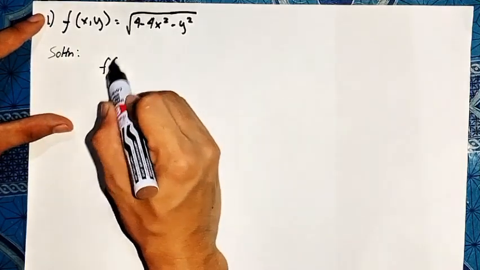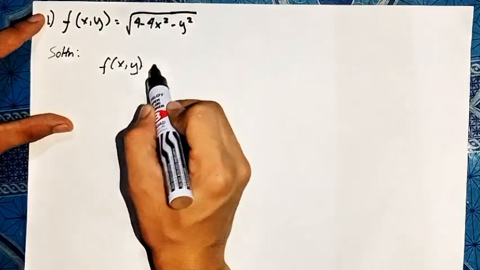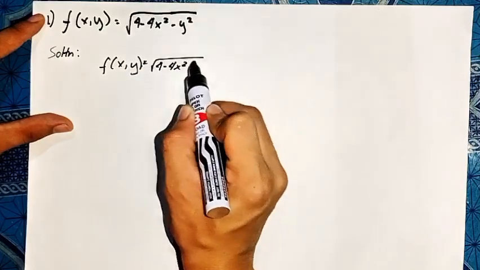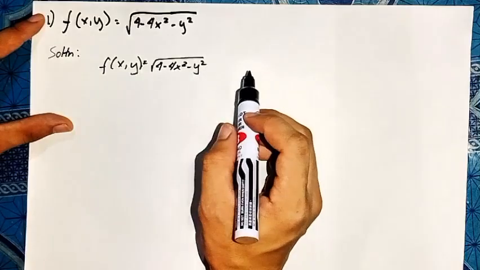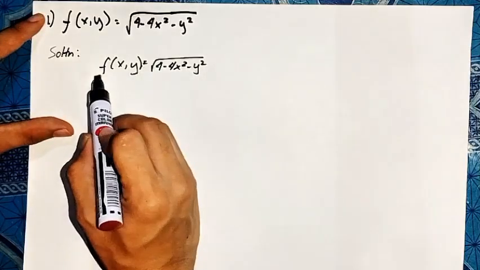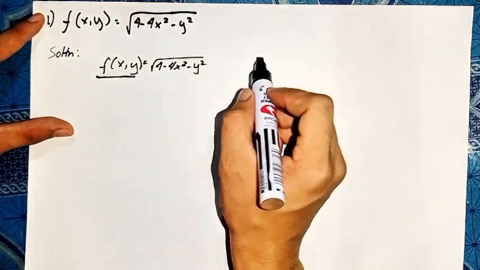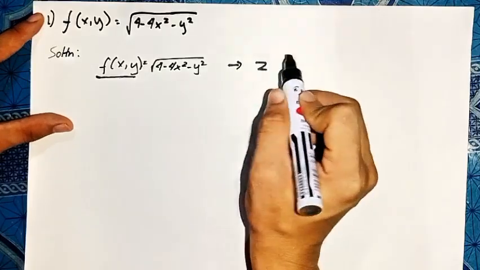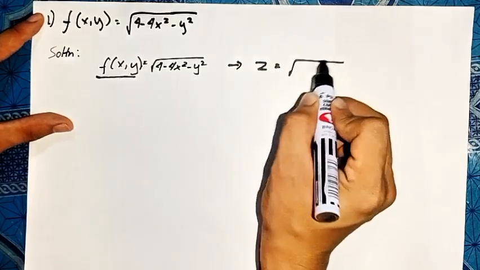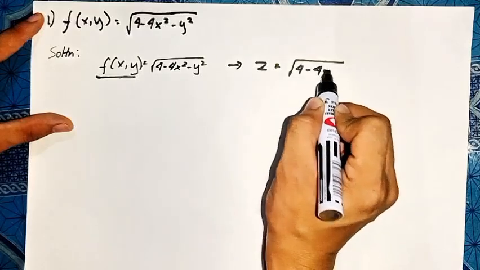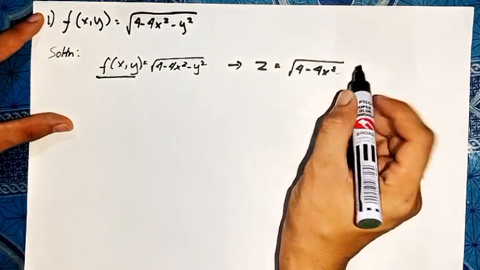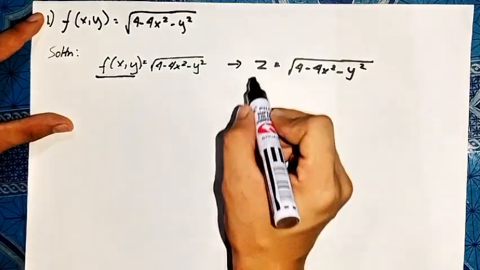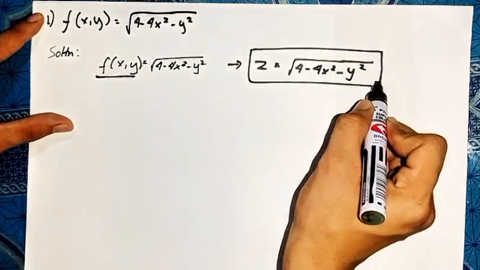First, we're going to let this f of x and y be z. Now, z is equal to the square root of 4 minus 4x squared minus y squared. This is now our function.